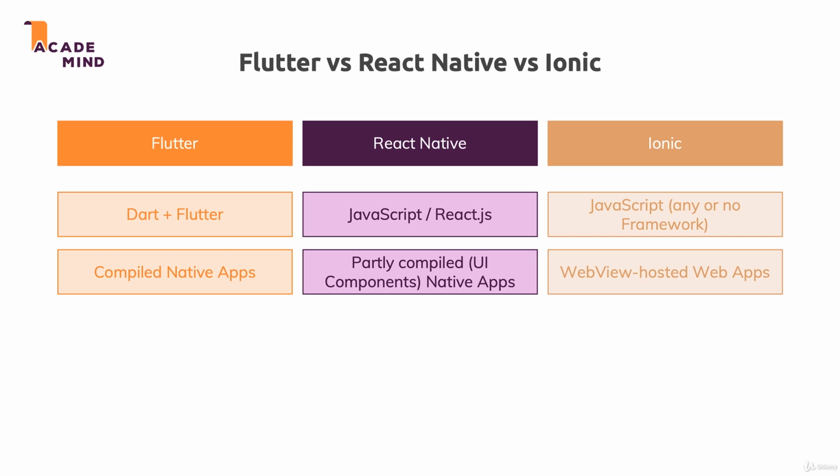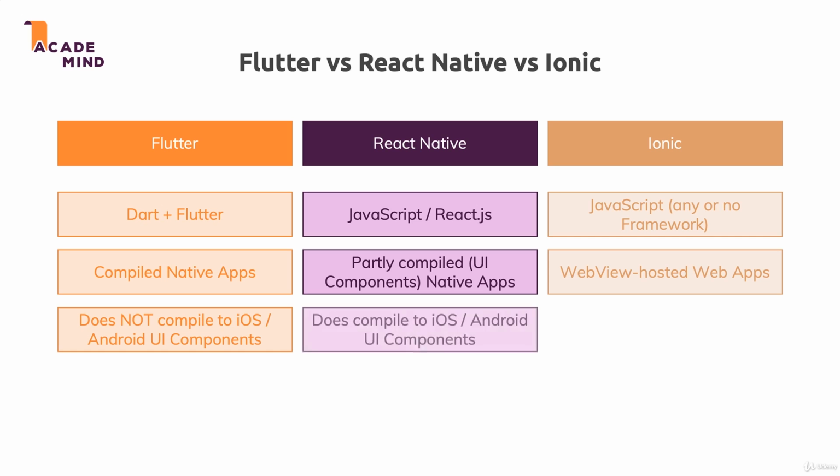Now, for Flutter, it's also important to understand that we don't compile to iOS or Android UI components, but that Flutter gives you an app that controls the entire screen and every pixel on it. For React Native, that's different. There, you do compile to iOS and Android UI components.